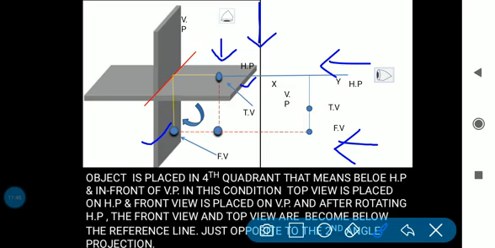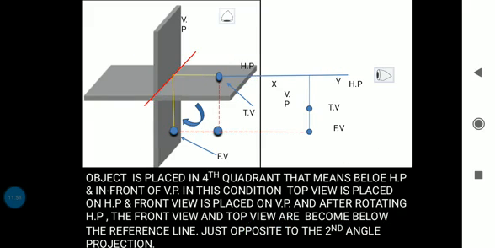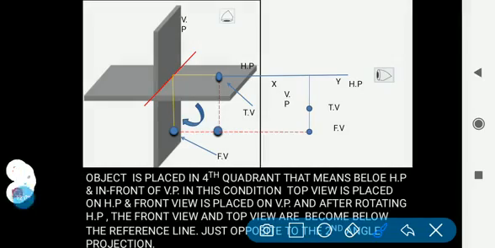You know, the horizontal plane and vertical plane meet at the reference line. This is the reference line, XY.